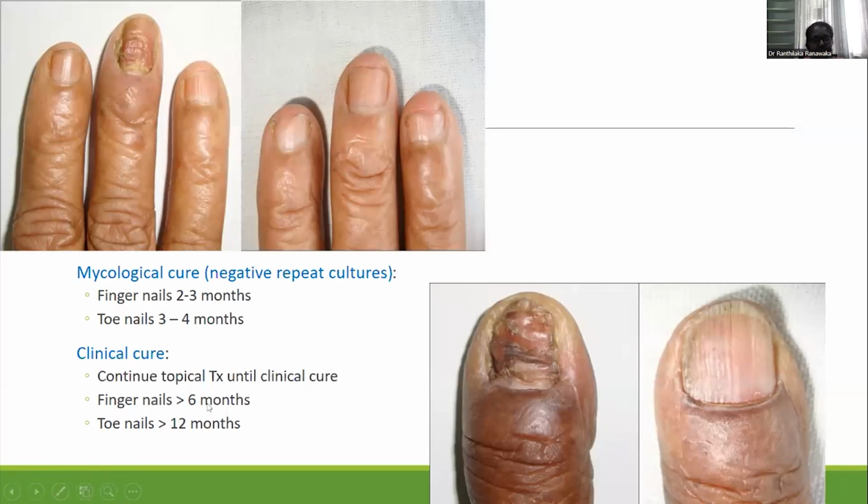So fingernails, they can continue more than 6 months of topical treatment, toenails more than 12 months, but we don't repeat systemic therapy again. So systemic therapy is over after this treatment, right? There are no more fungi. Even if we don't do cultures, that is our assumption. No more fungal, right?